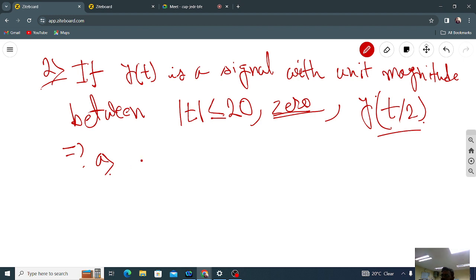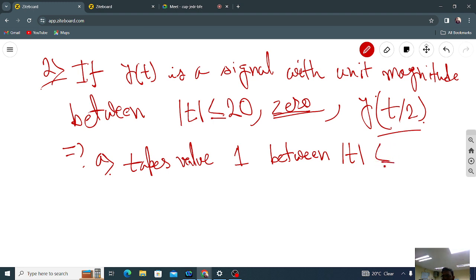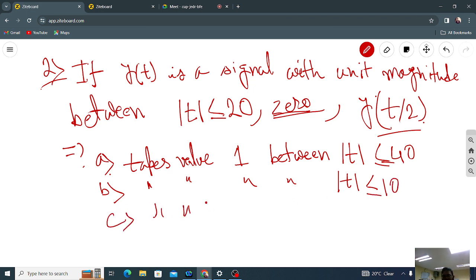So there are 4 options. It takes the value 1 between mod of t less than or equal to 40. Similarly, it takes value 1 between 10. Option C, similar. It takes the unit value between 20, or none of the above.